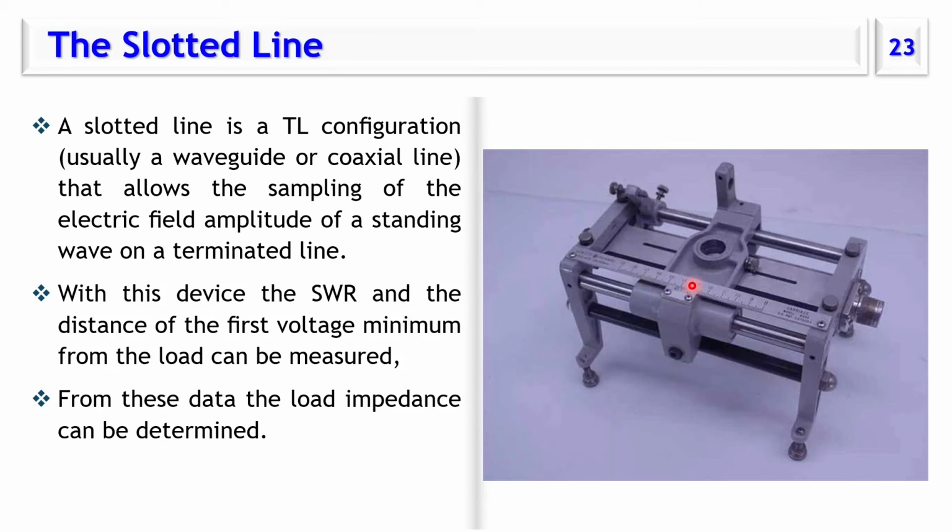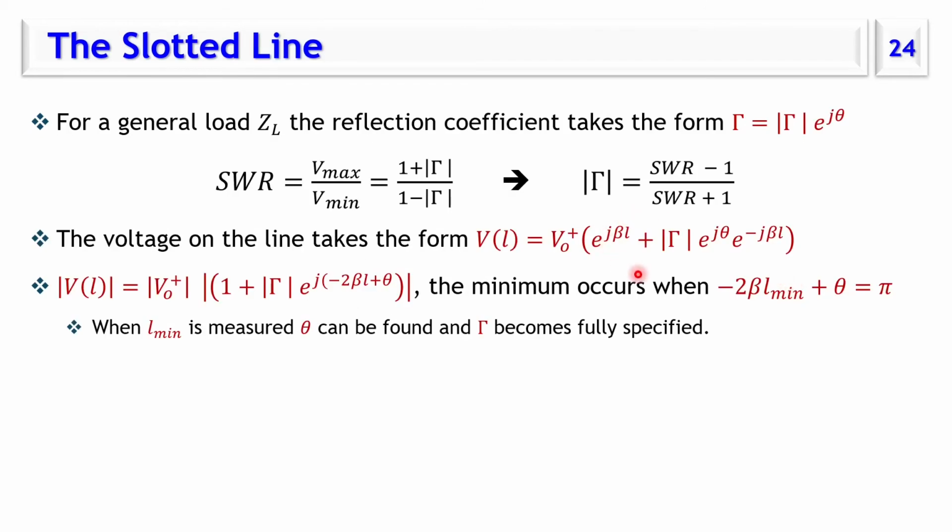The ratio is the standing wave ratio, which gives us the magnitude of the reflection coefficient. Then we move away from the load to find the first minimum, which corresponds to L minimum. We substitute it in this equation and find theta. This way, we measured Vmax, Vmin, and Lmin.